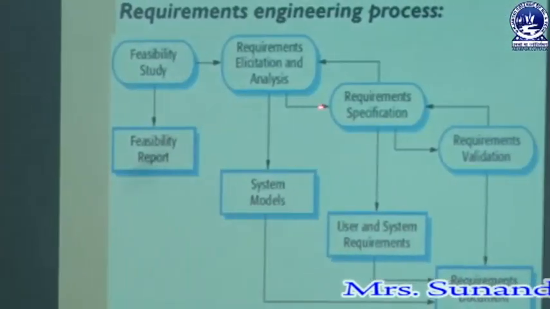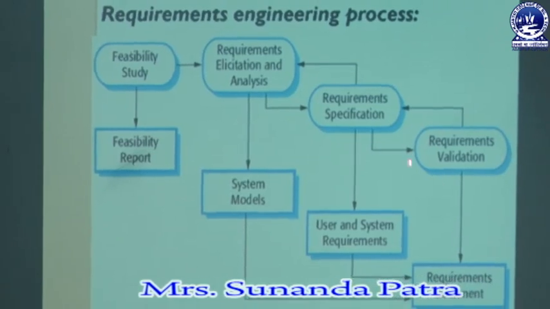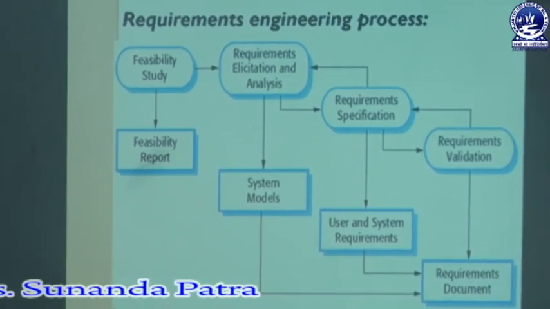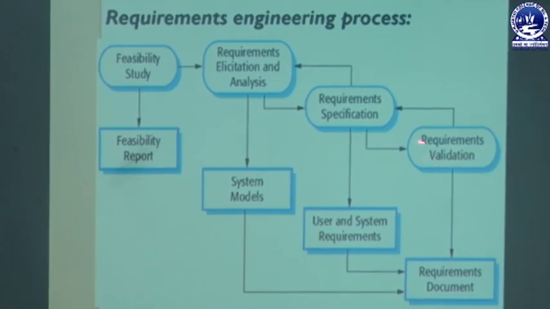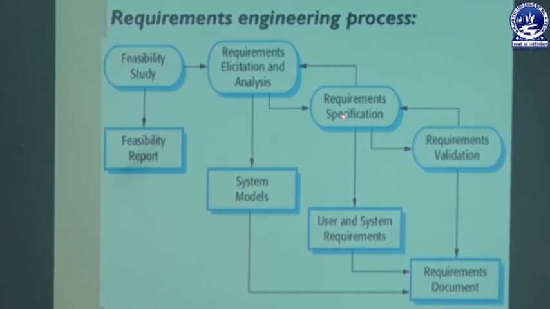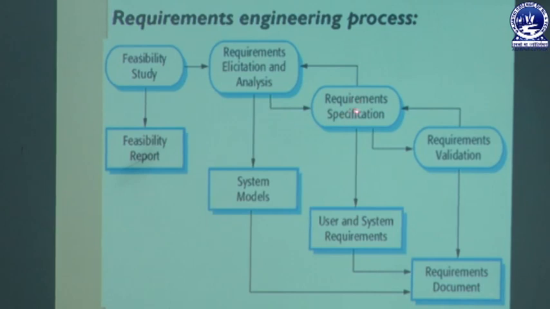And after that, we will go for the validation, requirement validation. That means, here we have to check whether the requirements we have specified are valid or not. That means, whether that specification actually meets the user requirement or not.